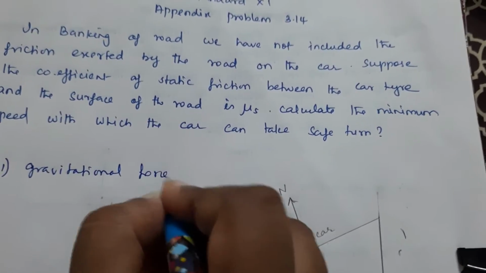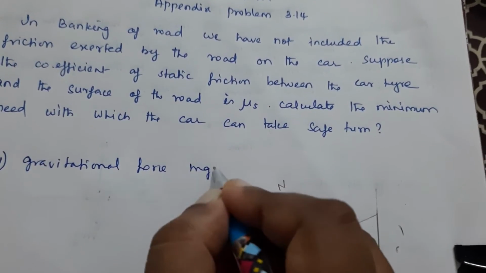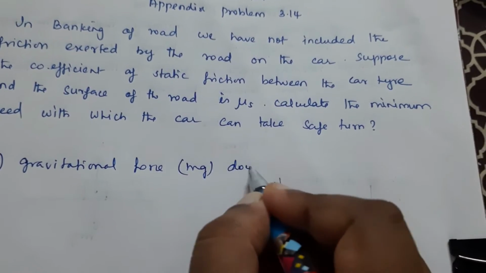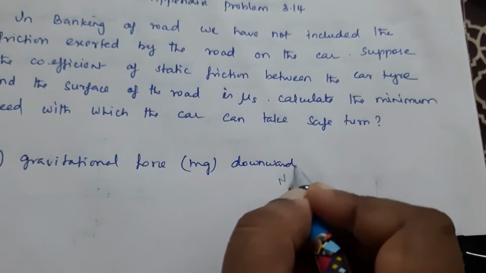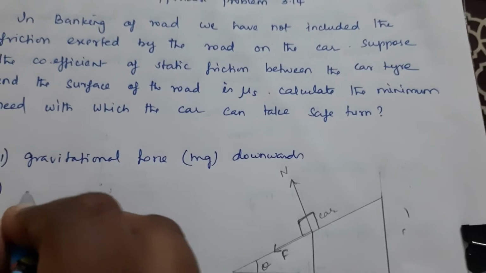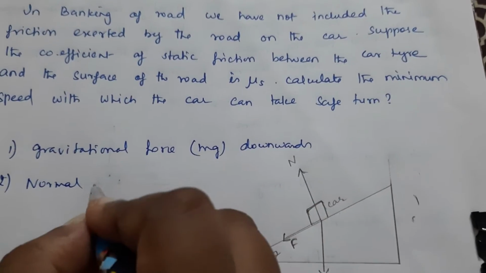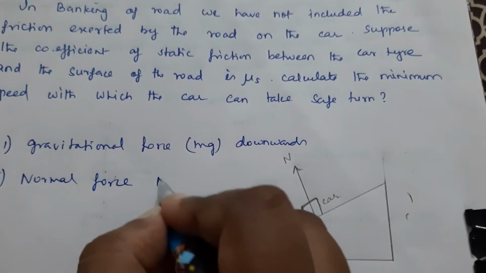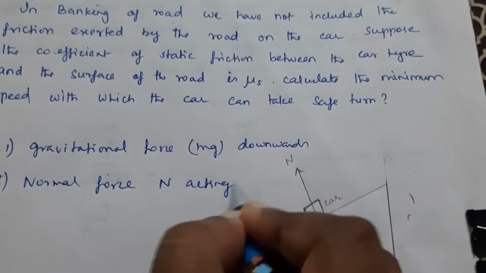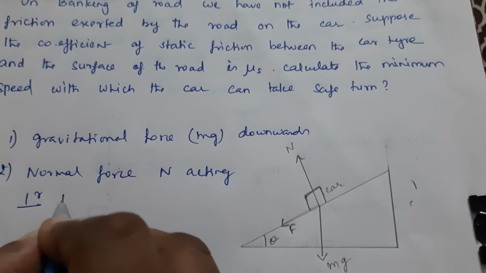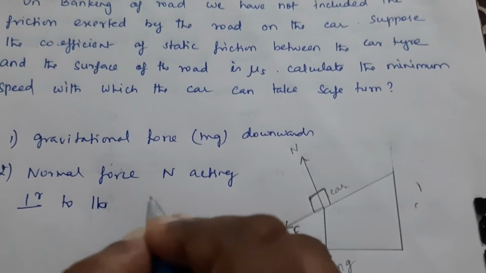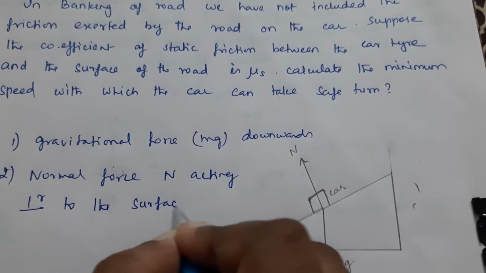So the gravitational force mg is acting downwards. The other force is the normal force, N, acting perpendicular to the surface of road.